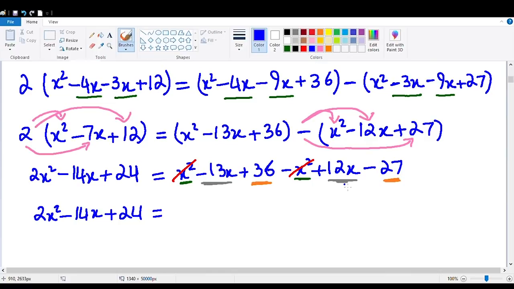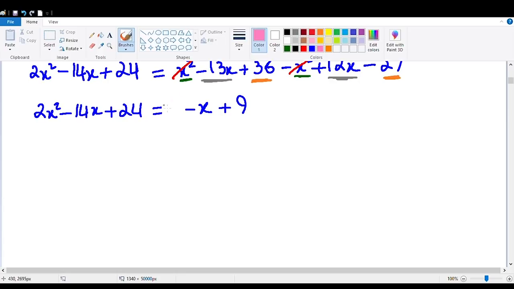When minus 13 and plus 12 add up, we'll get minus x, and 36 minus 27 will be plus 9.